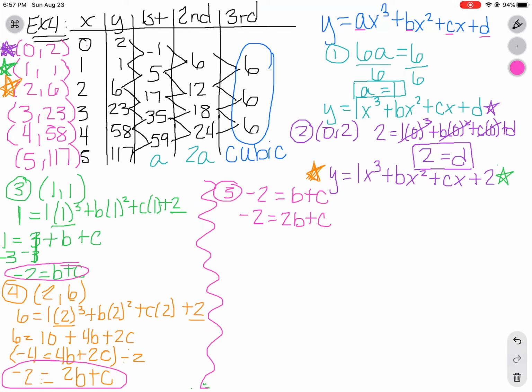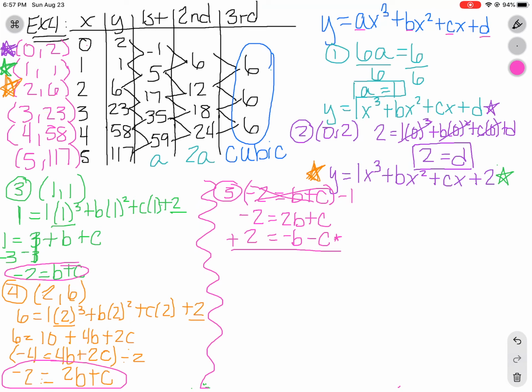And what we're going to do is combine them and eliminate one of the variables to solve for the other. So I notice that if I run a negative through the top equation, I get 2 equals negative b minus c. So all I did was rewrite this as this right here.